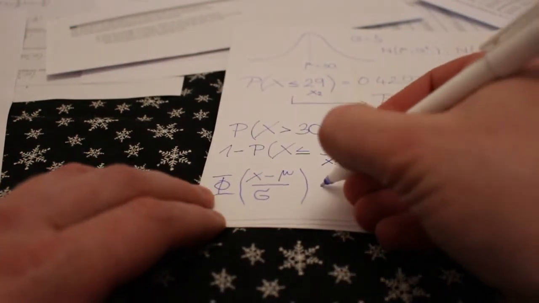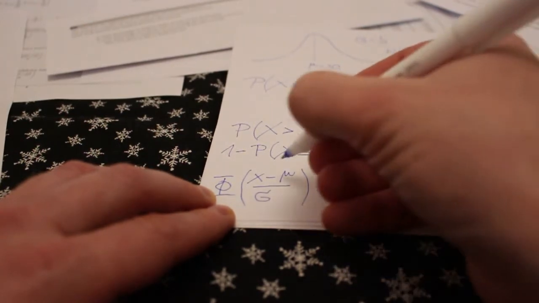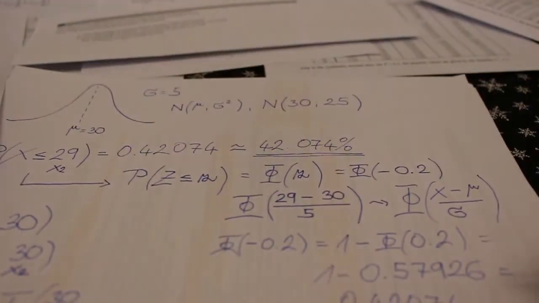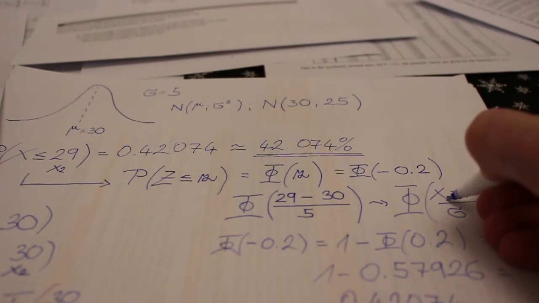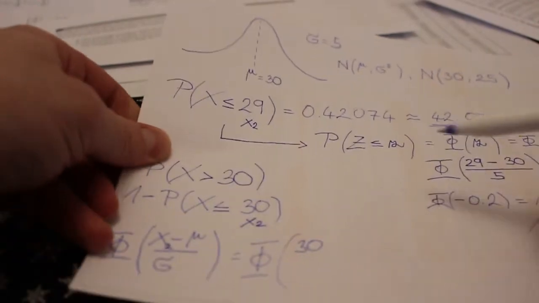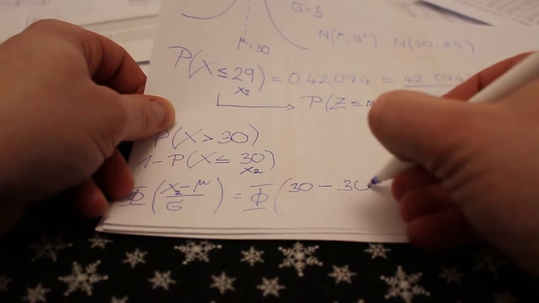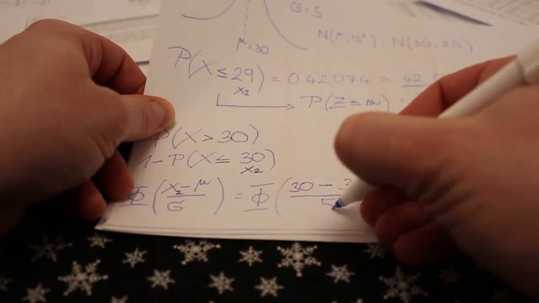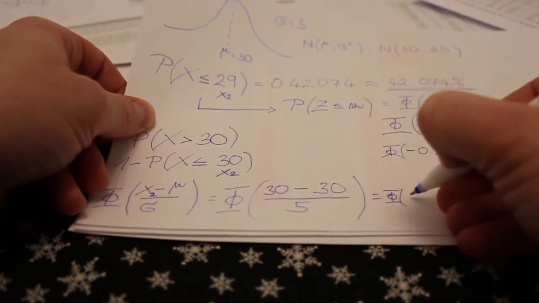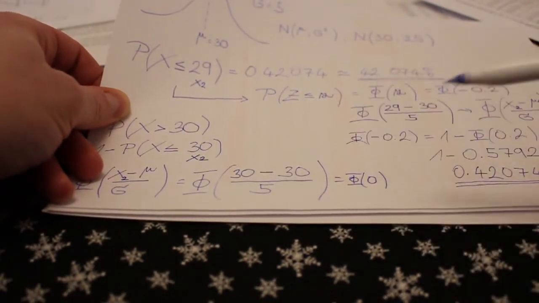In our situation, this will be phi in point 30, there is x2, so 30 minus mu, the parameter of the distribution, 30, divided by standard deviation 5. The result is distribution function phi in point 0.